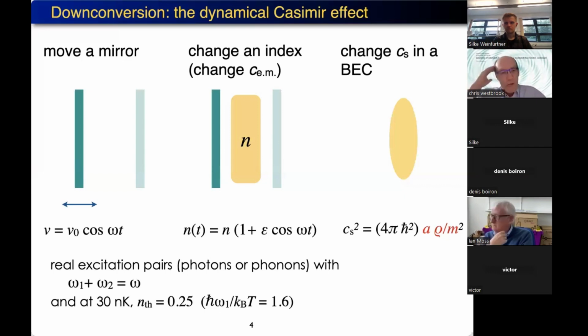But we've been able to get the temperature down to something which we estimate to be around 30 nanokelvin, which at our modulation frequency, which is about 2 kilohertz or 1 kilohertz for the phonons, corresponds to a thermal population of about 0.25. So we're getting close to a situation where the vacuum fluctuations dominate the thermal fluctuations. So that's going to be important in what follows.